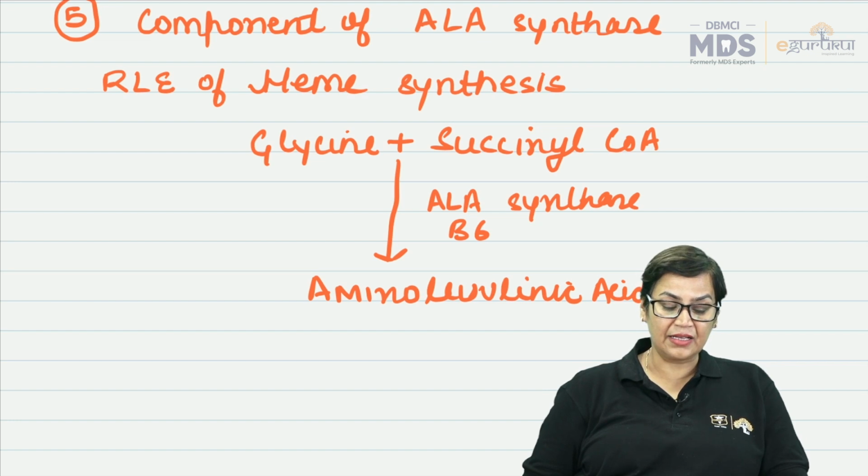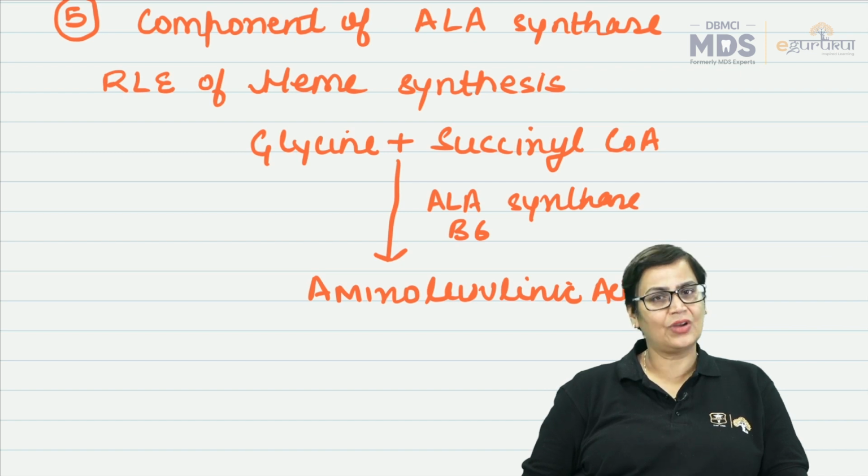So these are the major reactions in which PLP is used as the most important coenzyme: transamination, transsulfuration, the synthesis of ALA, as a component of glycogen phosphorylase, and in the metabolism of tryptophan.